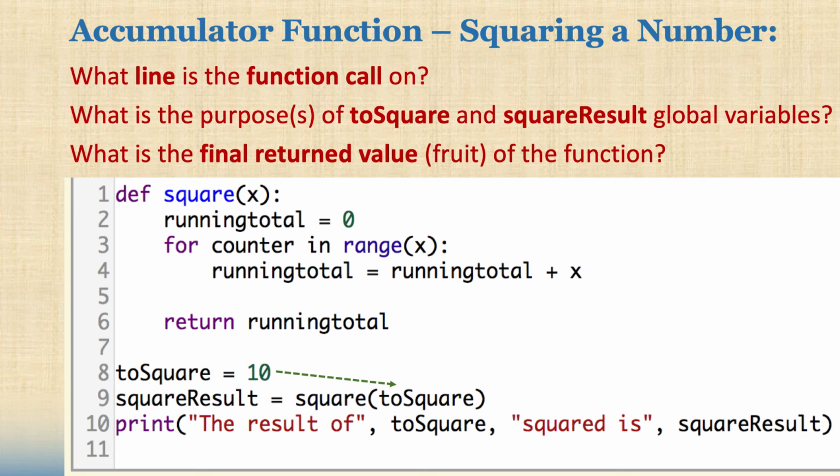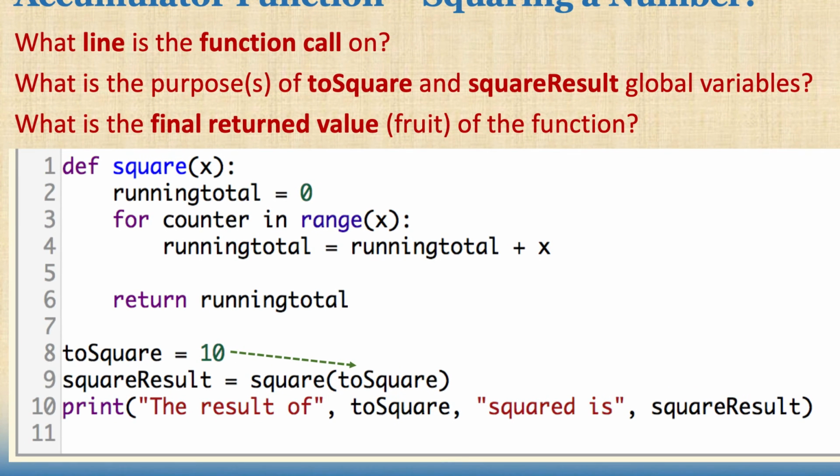Then it says, what's the purpose of the square result global variable? So square result has 2 purposes. One, it's holding the value of the fruit of square. So whatever's going to come out of square, which is return running total, will be 100 in this case. It's holding that, and then you're going to print that, but it's also printing out as part of a string. So it has 2 purposes. One, it's just holding the function call's fruit.